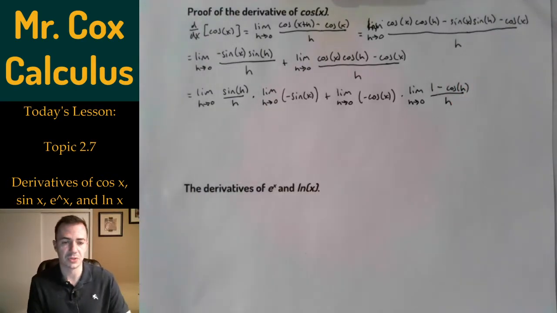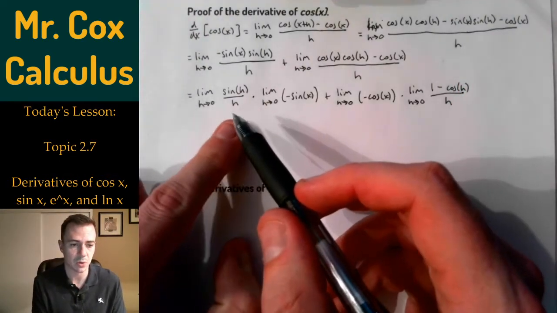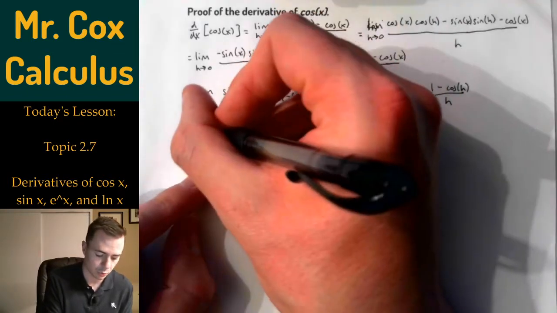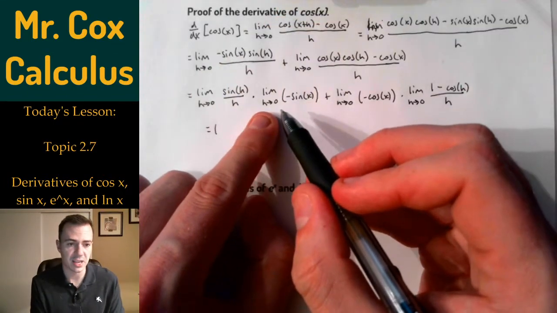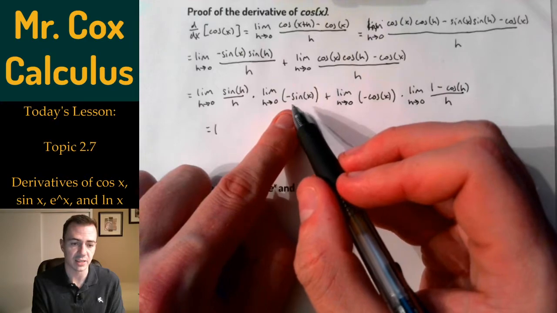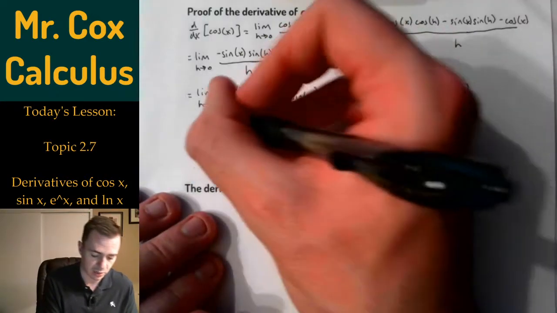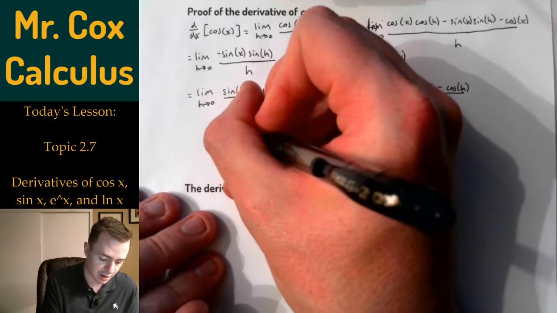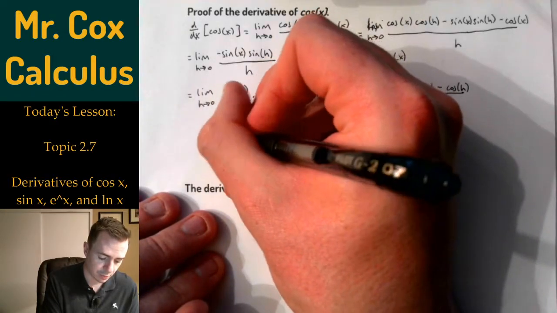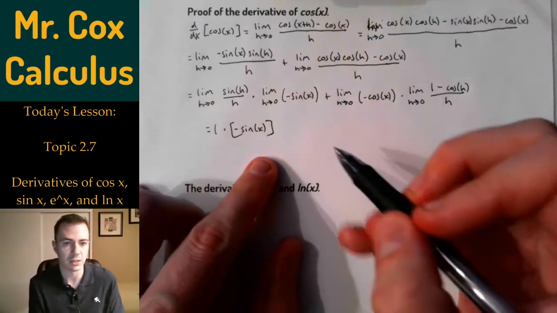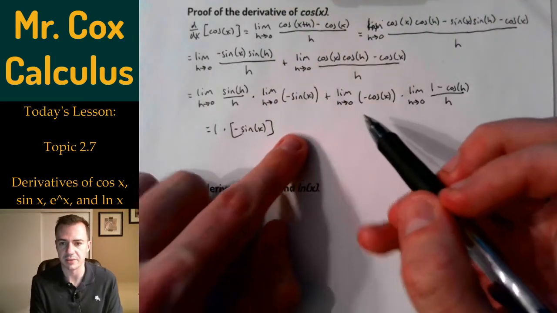And now I can use some known values here. The limit as h approaches 0 of sine of h over h is equal to 1. The limit as h approaches 0 of negative sine of x: again, I don't have any h to really address here, so that's just going to be negative sine of x. I'll use some grouping there not to create any confusion with the negative sign.